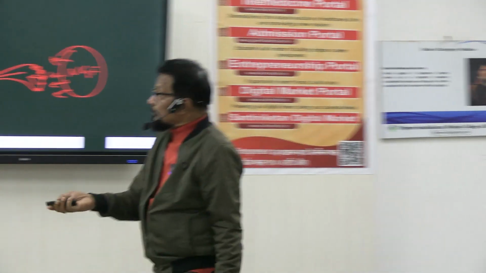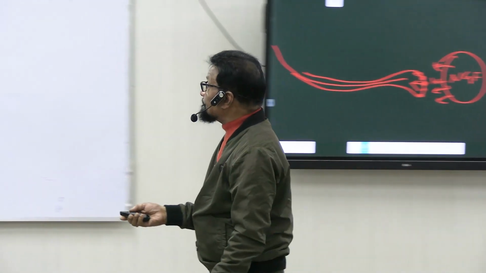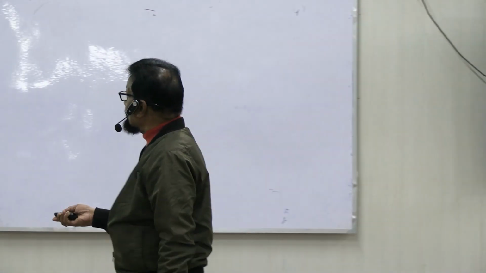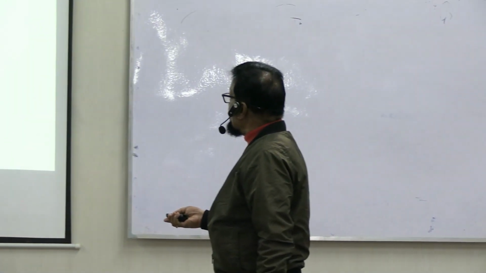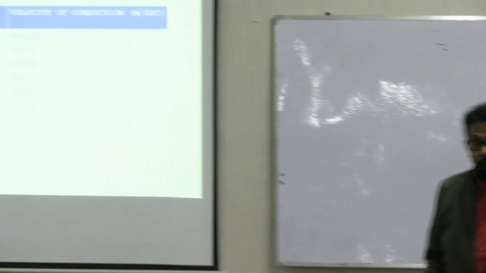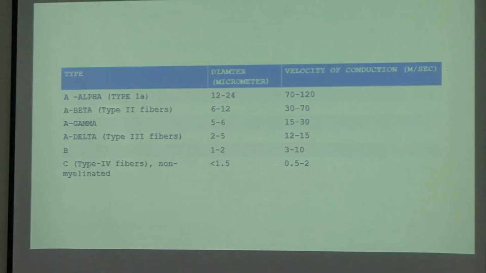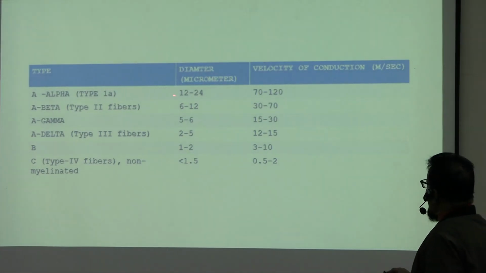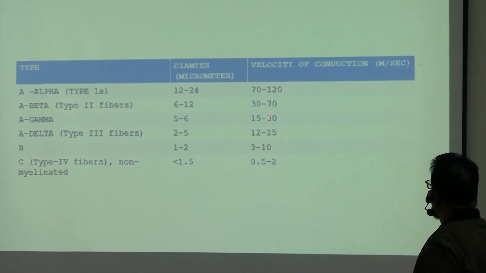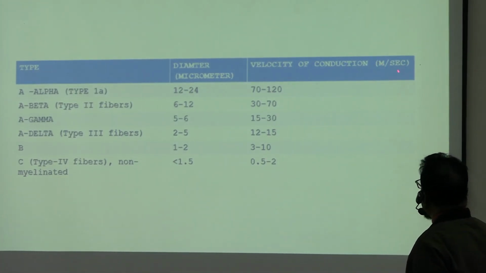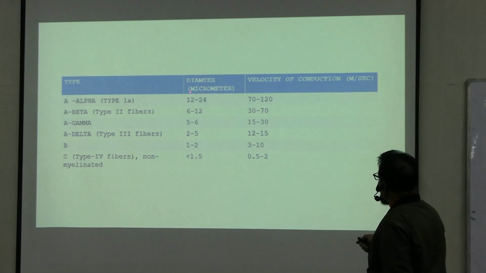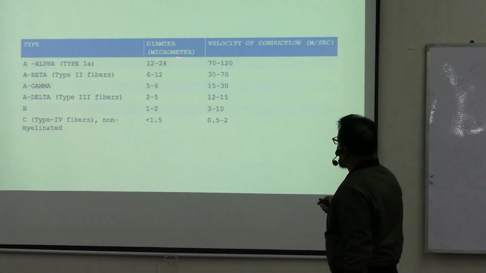Okay, now see the diameter. Higher the diameter, higher will be the velocity. Velocity is in meters per second, and the unit of diameter is micrometer.